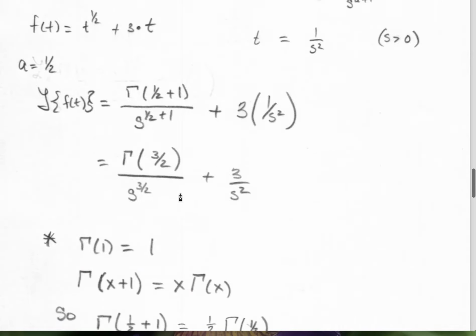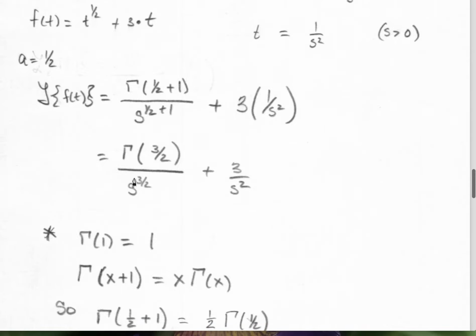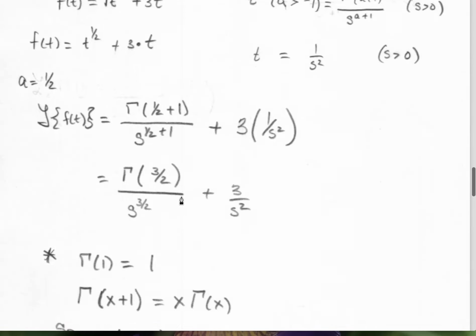So if I simplified that, I'd have gamma of 3 over 2 over s to the 3 over 2, plus 3 over s squared. So this would really be one way to express the answer, but it turns out in some cases there are known values of this gamma function.